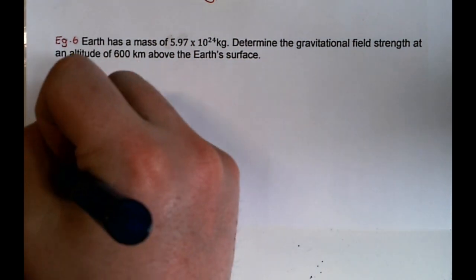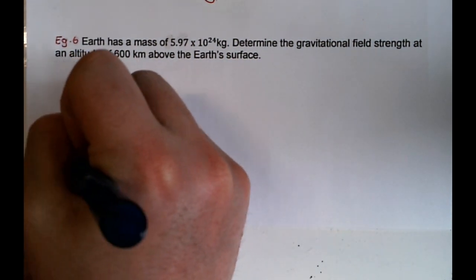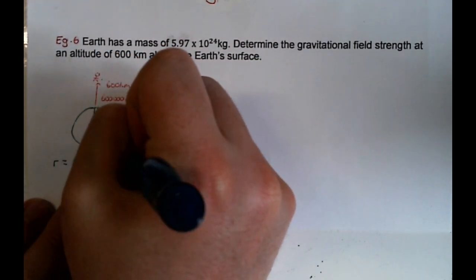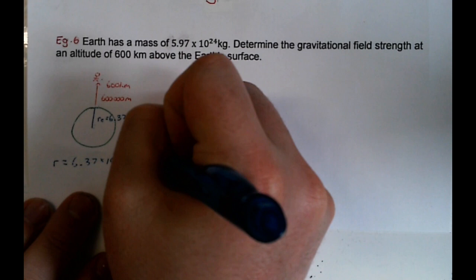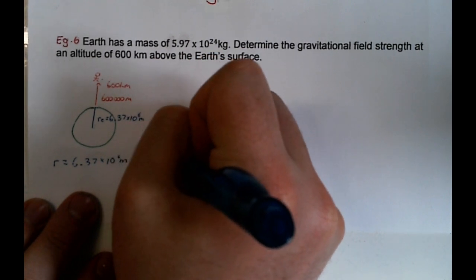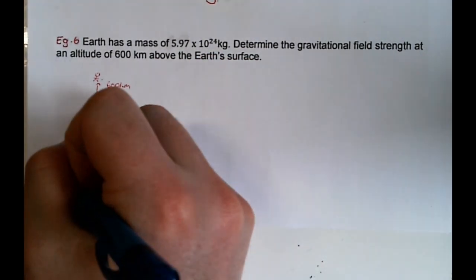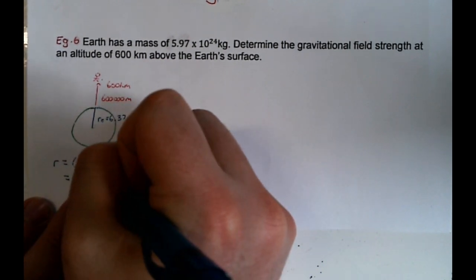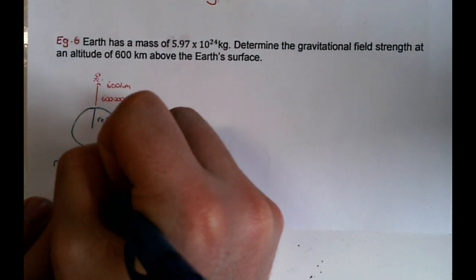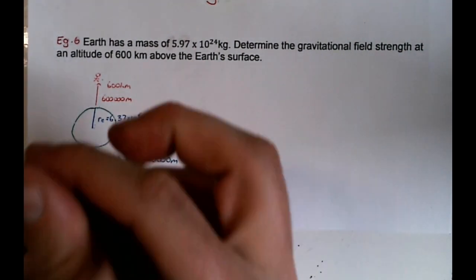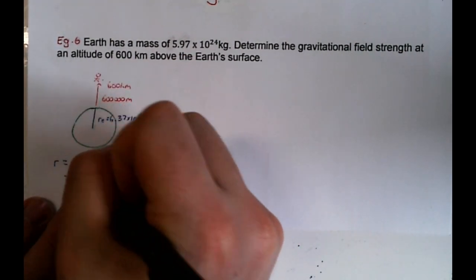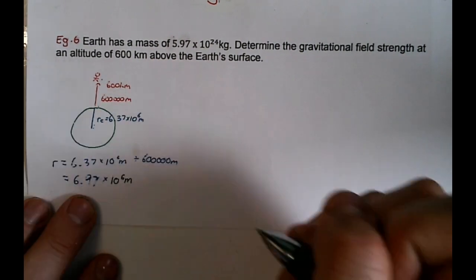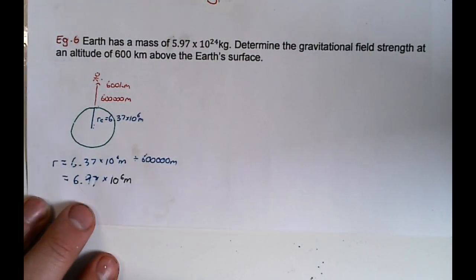Our r is going to be 6.37 times 10 to the 6 meters plus 600,000 meters, which means we are 6.97 times 10 to the 6 meters from the center of the Earth.